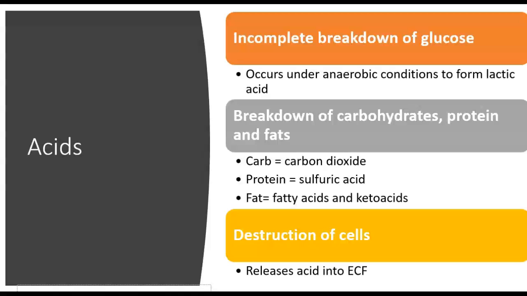Acids and hydrogen ions are produced continuously through normal body physiologic work and metabolism. Normal metabolism of carbs, protein, and fat creates natural waste products. Carbs create carbon dioxide, protein creates sulfuric acid, and fat breakdown creates fatty acids and keto acids. Incomplete breakdown of glucose, which occurs whenever cells metabolize under anaerobic conditions when there's no oxygen, forms lactic acid.